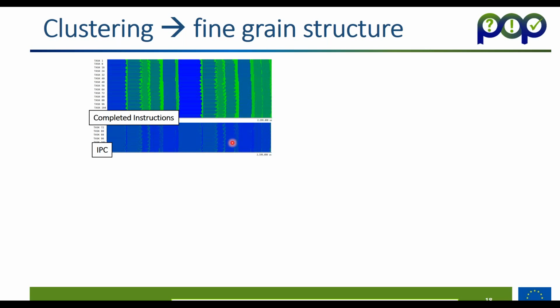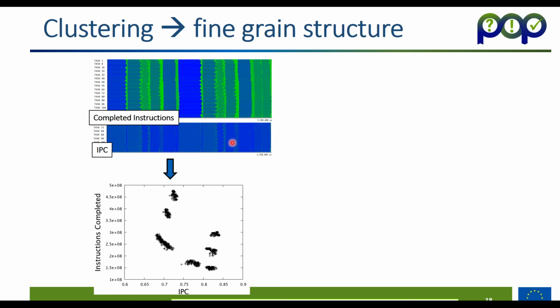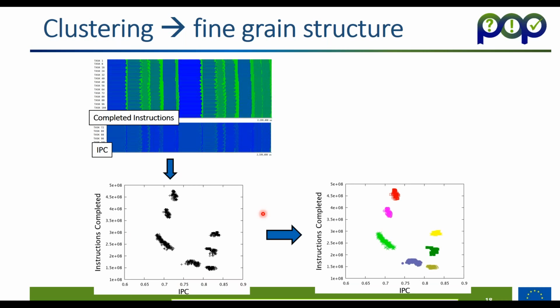Can we get rid of these dimensions and project that into a two-dimensional space where we get rid of space and time, and we only represent for each of these points how many instructions it executes, and how much IPC it gets? And this is a scatter plot where all that data is captured, which shows some structure, and this structure can be detected automatically by a clustering algorithm.